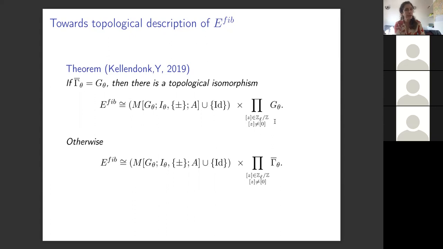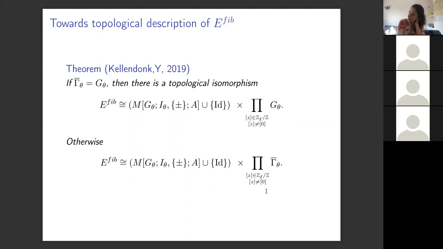And that happens if the generalized height is trivial, and if it's not, then you have the same kind of description, but instead of the structure group, I have to take the normal closure of the structure group, which is going to act on the non-zero fibers. Okay, so that is the topological description.